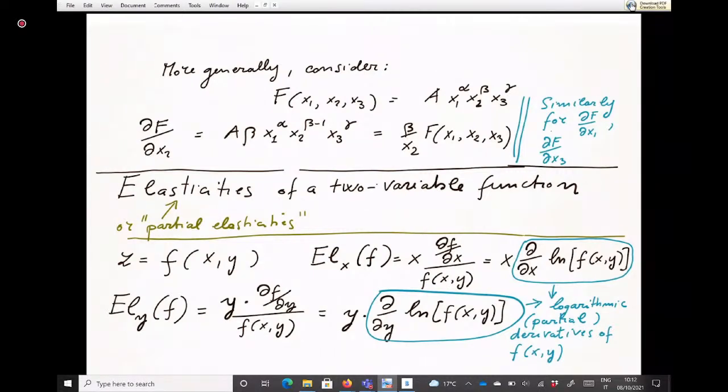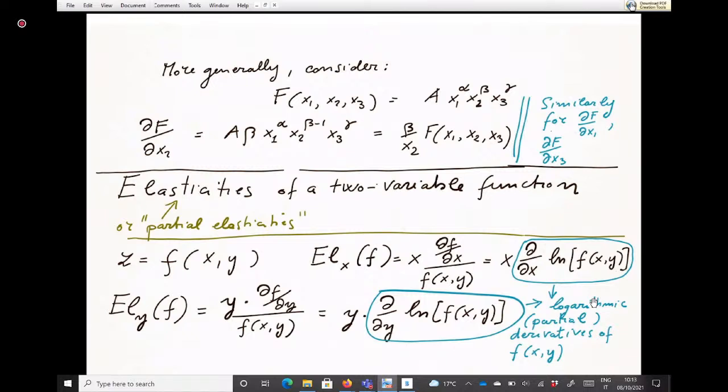So in order to compute elasticities, we need to compute log derivatives first. The partial elasticity with respect to y is, very similarly, y, the only thing that changes is y here, times the log derivative with respect to y. So we do the same, but with respect to y.